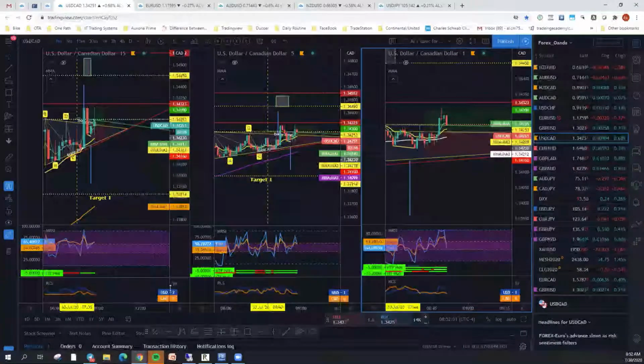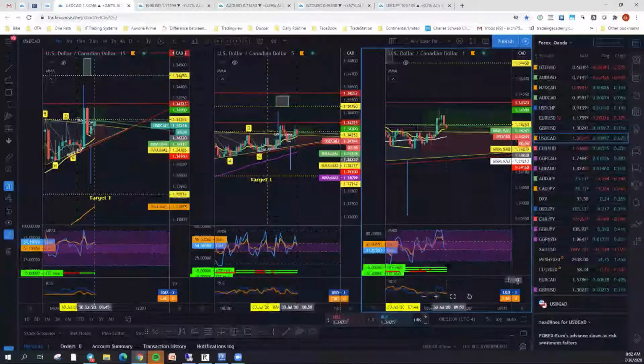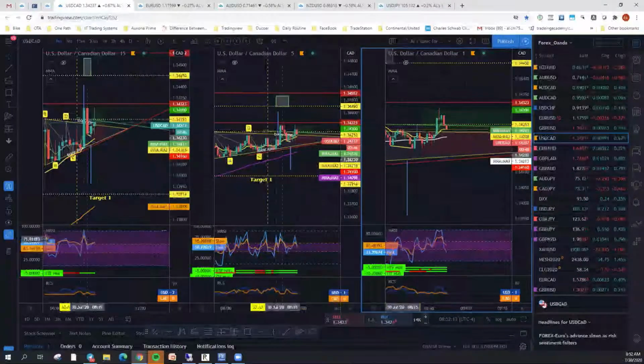The US is still showing strength to the Canadian. It's lost a little bit of ground, and we still have it showing on all three. You still have 3 green. Now this is throwing a little bit of a pullback right now, but this one's still showing it's coming out of the 60 area.